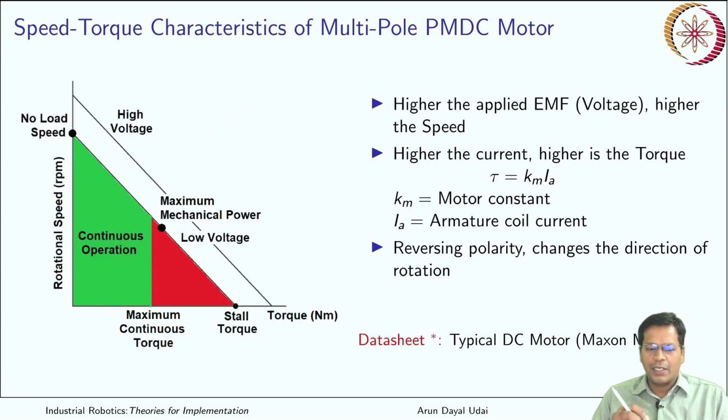This is basically a relationship between speed and torque characteristics of a multipole DC motor, that is a PM DC motor. You see tau is equal to Km into Ia. You can notice that torque is proportional to the current which flows through the armature coil.